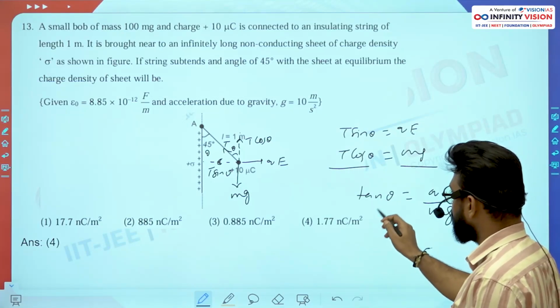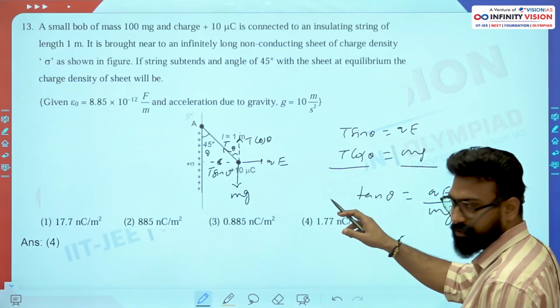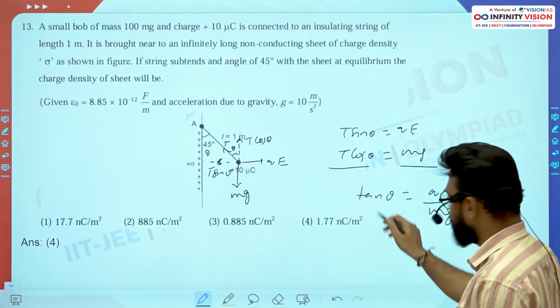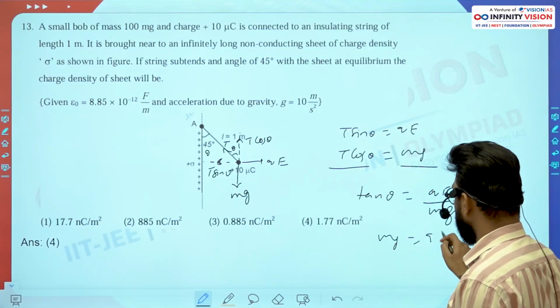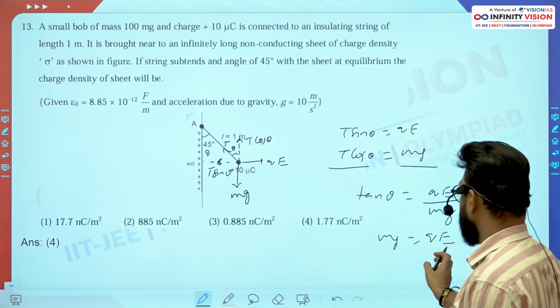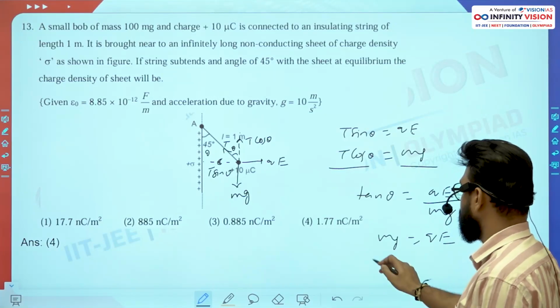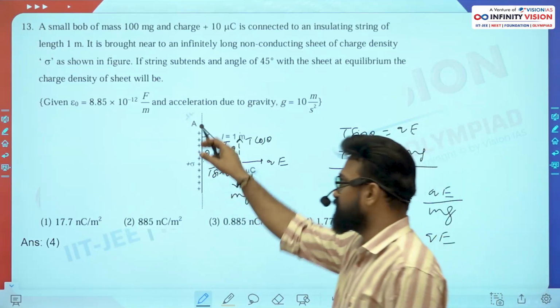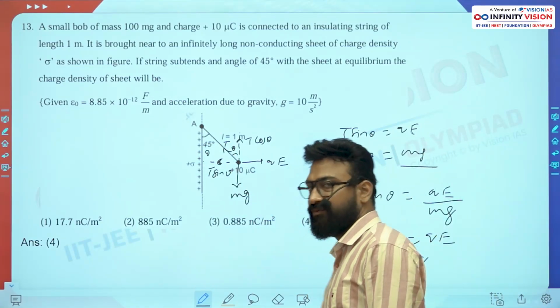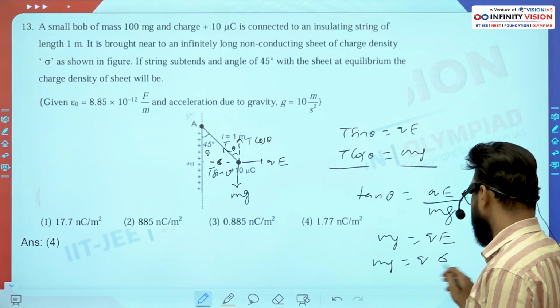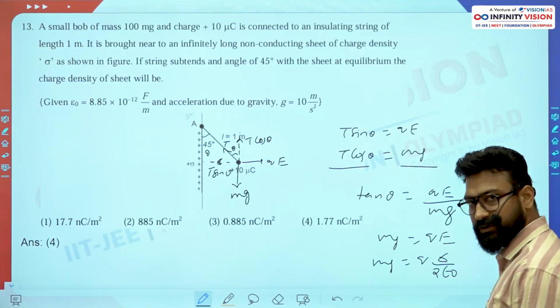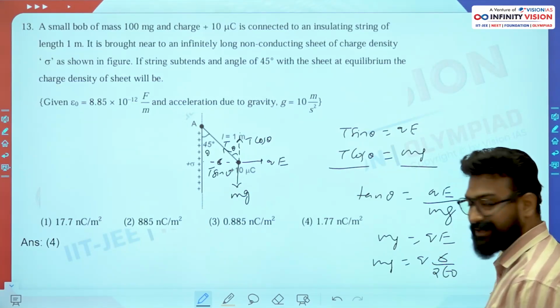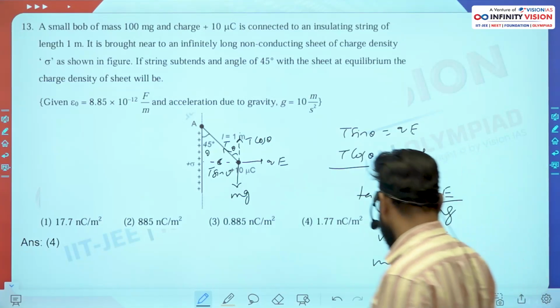Tan theta is already given to you as tan 45 degrees, and tan 45 is 1. So mg is equal to QE. From this, this is an infinite sheet which will produce an electric field given by sigma by 2 epsilon naught, where sigma is the charge density of the sheet that you need to calculate.